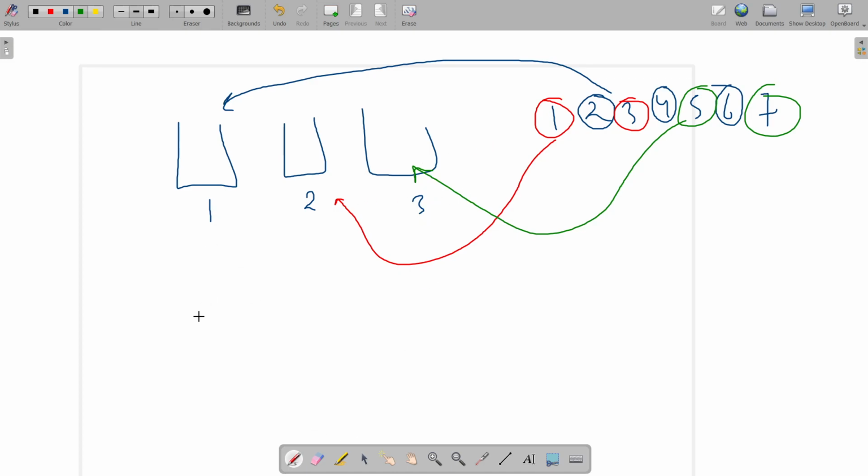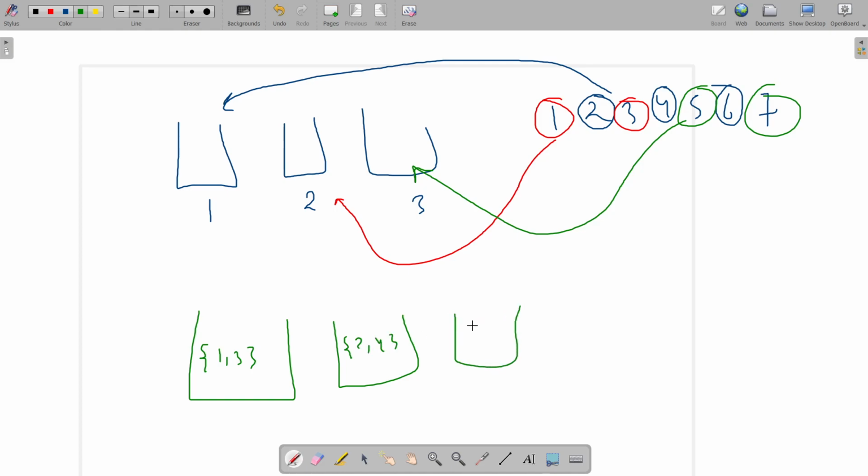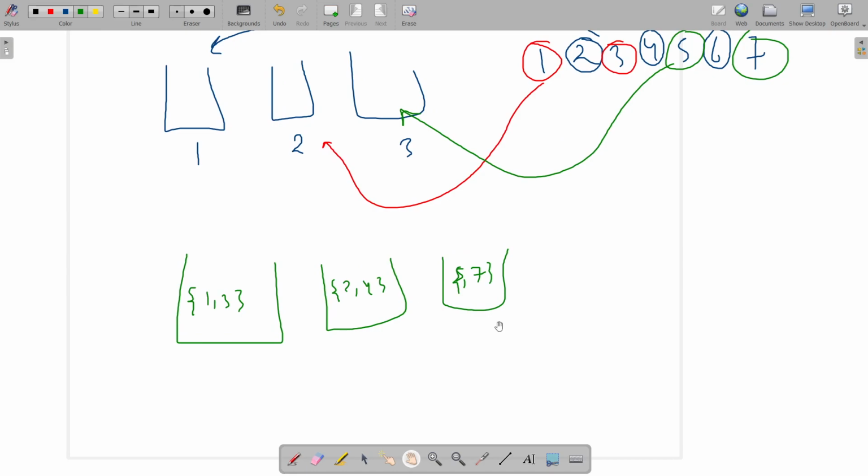Afterwards, you will have the numbers 1 and 3 in the first stack, the numbers 2 and 4 in the second stack, and I think 5 and 7 in the third stack. The problem says that the elements in the stack are ordered in ascending order.